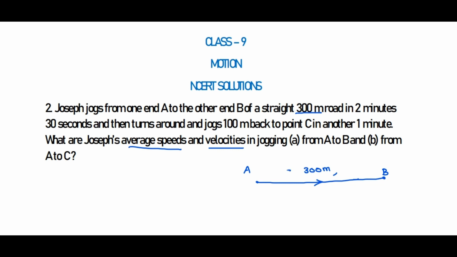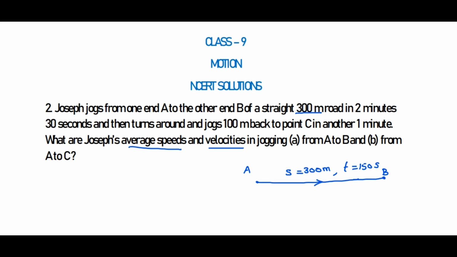Suppose say this is S. And how much time did it take? 2 minutes 30 seconds he has taken. So the time taken T is equal to 2 minutes 30 seconds. So 120 plus 30, there is 150 seconds. The time taken to travel from A to B, he will take 150 seconds.